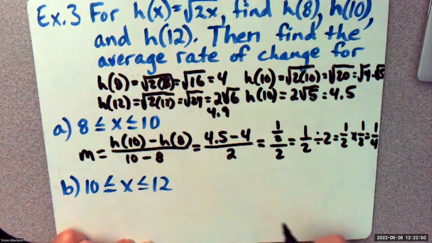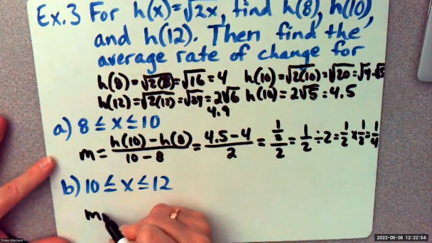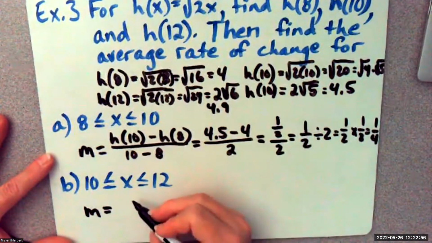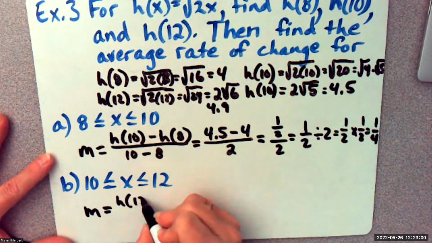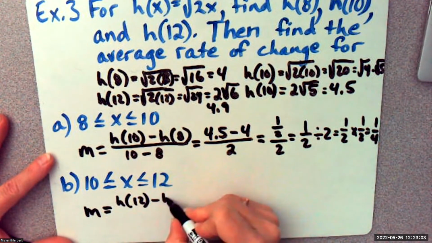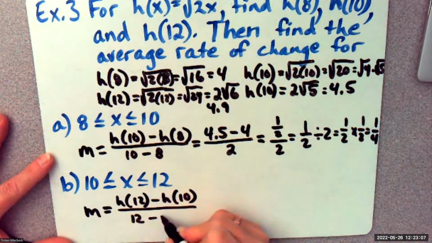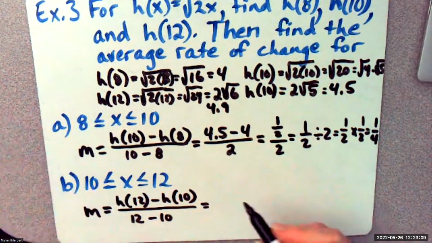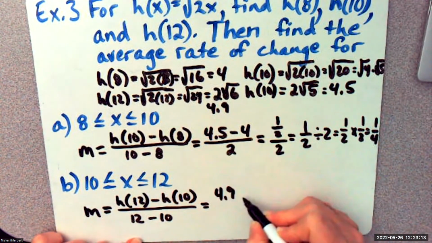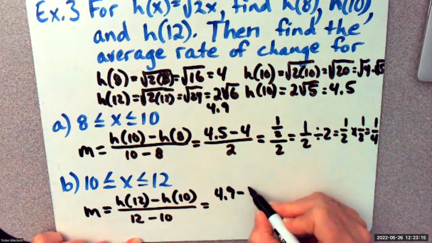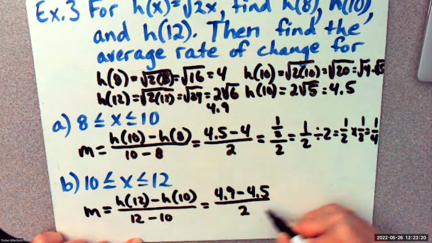All right, so now let's take a look at this rate of change. So this one we have m equals h of 12 minus h of 10 over 12 minus 10. So h of 12 is 4.9 minus h of 10 is 4.5 over 2.